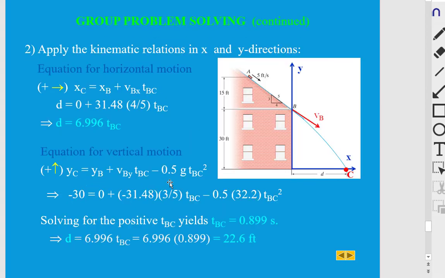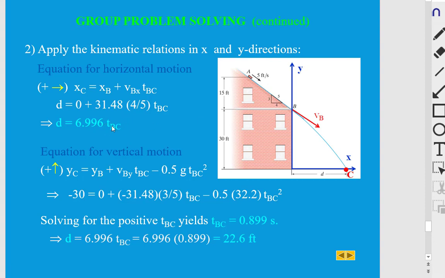So the distance traveled, from the equation of motion, is 31.1 multiplied by 4 over 5 multiplied by the time it takes to travel from B to C. The reason I applied that is because there is no acceleration or force in the x direction as the particle goes from B to C. So this becomes a simple projectile problem.